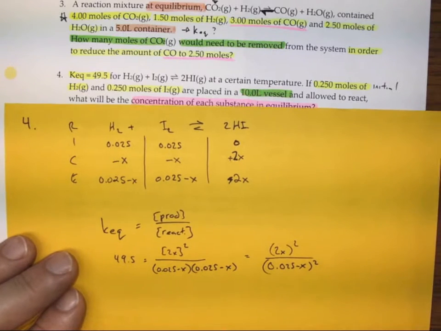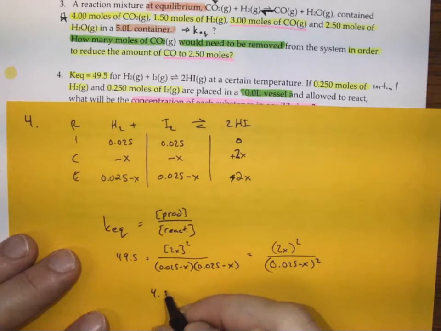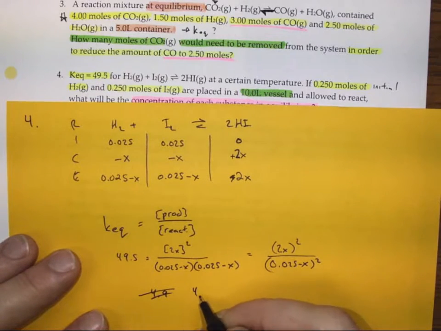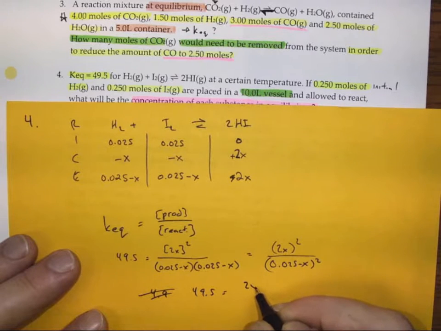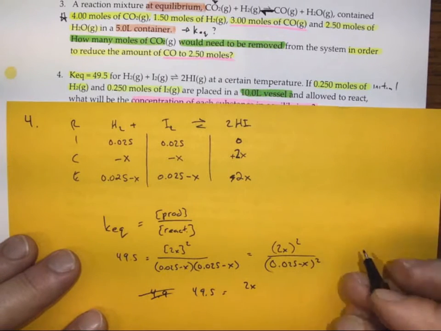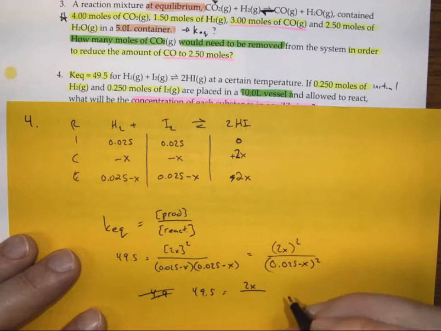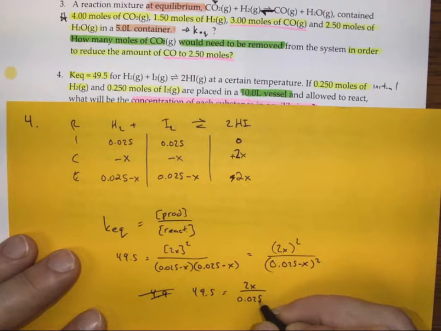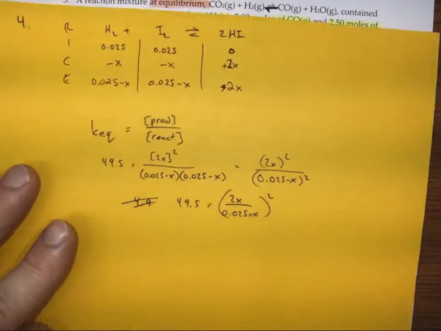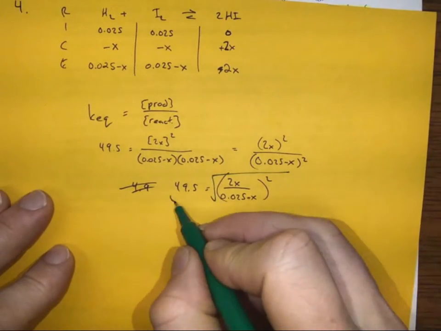Hey, what do you know? So 49.5 is equal to 2X over 0.025 take away X, all squared. I'm very tempted to square the top and give us 4X squared, but I notice that these are both squared, so as an inverse operation, I can square root both sides.